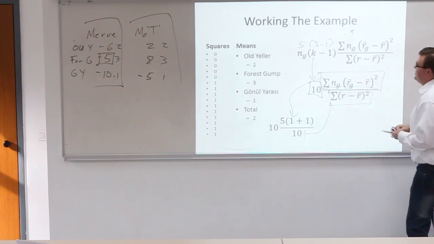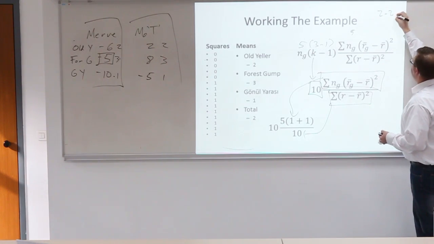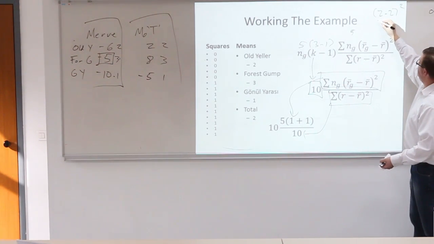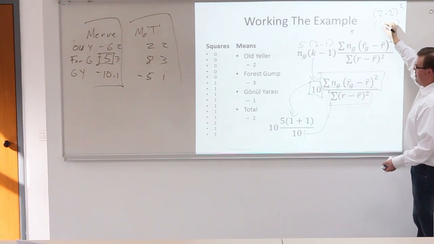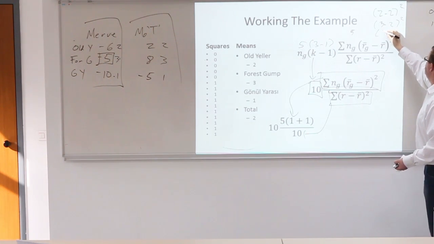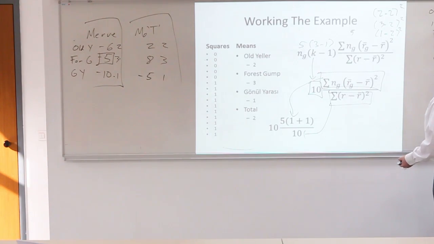You guys are working too fast for me. So 2 minus 2 squared, that's 0 squared. And then we have 3 minus 2 squared, so that's 1 squared. And then 1 minus 2 squared, negative 1 squared, but it would just be 1.